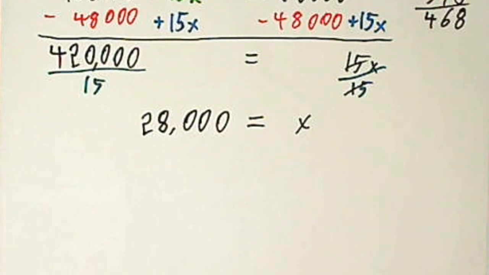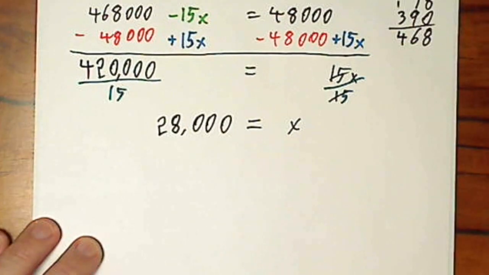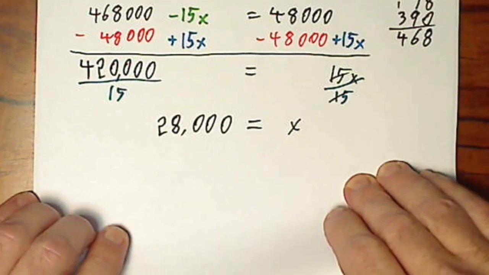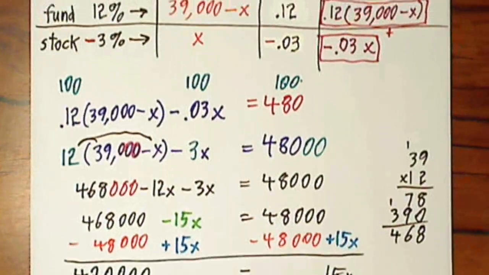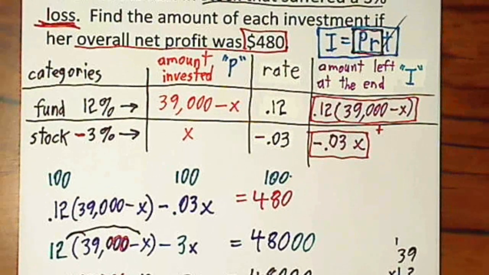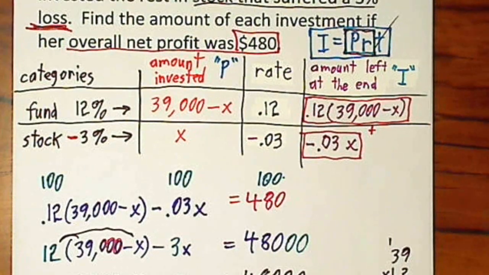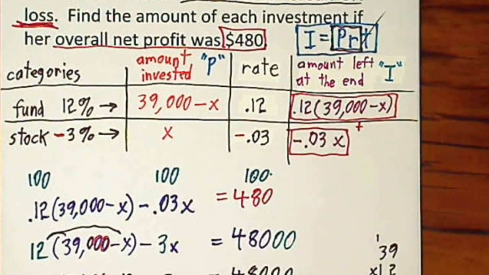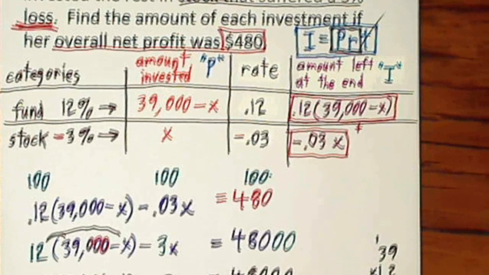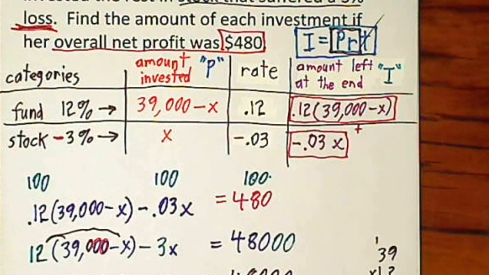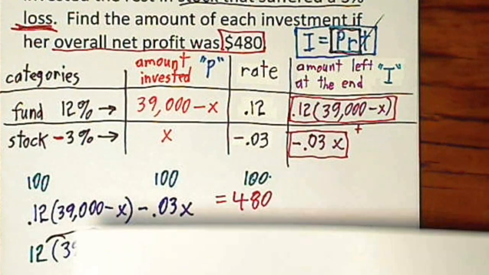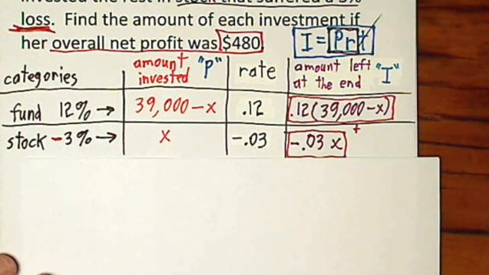And we are not finished yet. Alright, so we'll zoom out a little bit and try to take a look at the question and what we're to do with this information. Alright, so we need to keep up with our x equals 28,000.